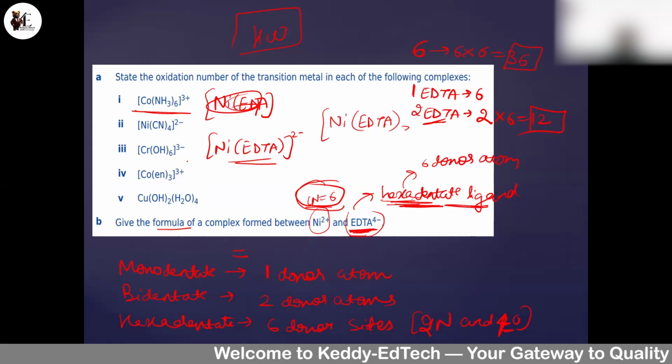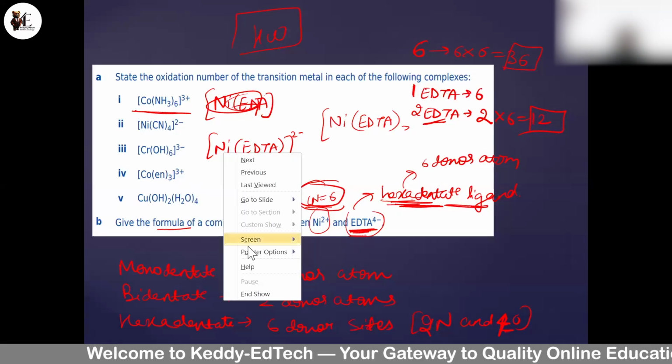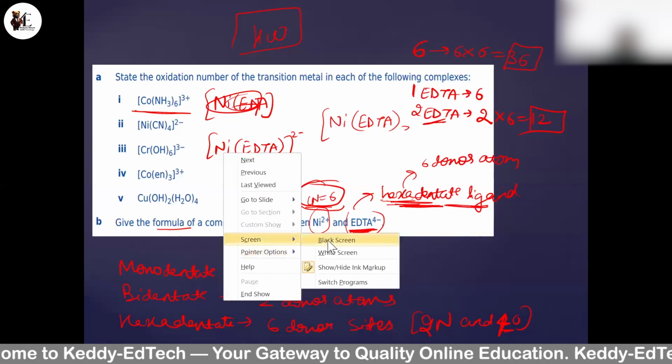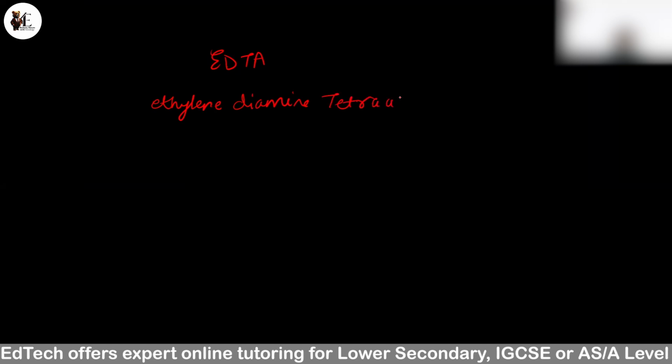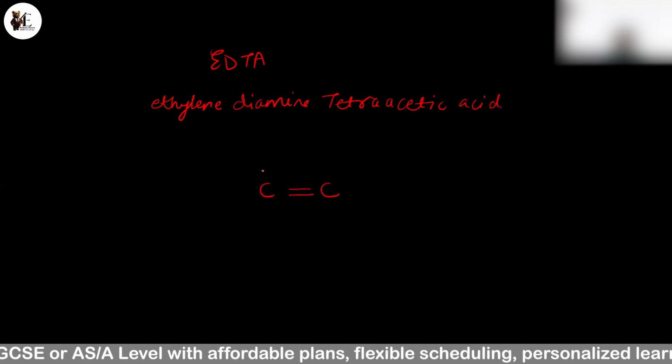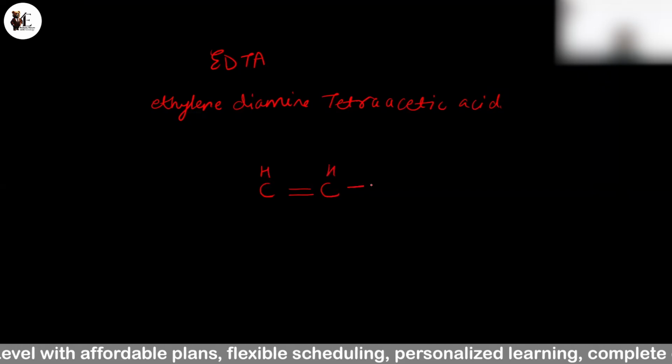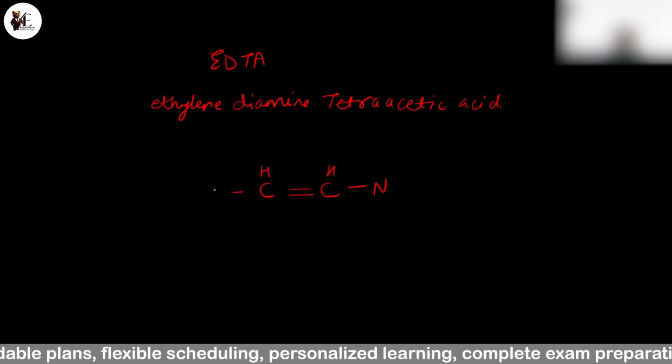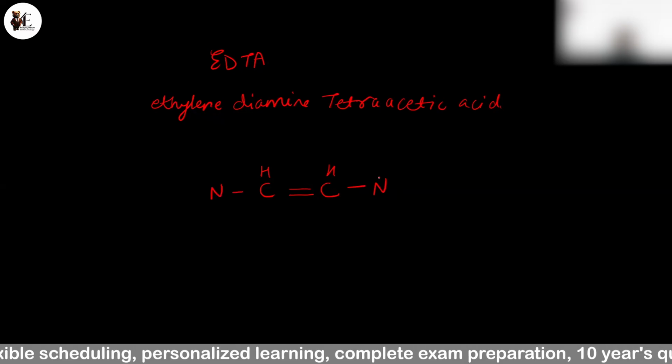Let me tell you the structure of EDTA. EDTA means ethylene, diamine, tetraacetic acid. Ethylene means 2 carbon atoms are there, with an alkene. Diamine means it is connected to 2 amine groups, nitrogen.